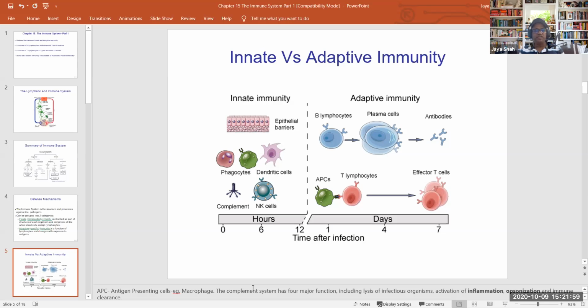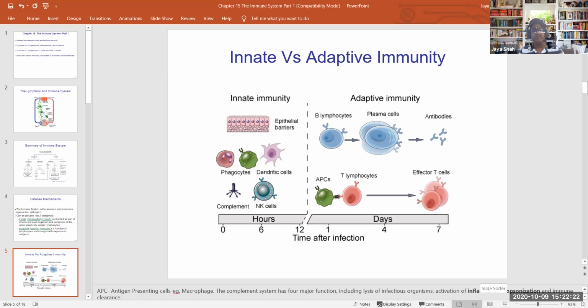So this complement system has four major functions. That is the lysis of infectious microorganisms. When this complement system is activated, it lyses the microorganism, means kills the microorganism. They also activate the inflammation process, increase the inflammation.